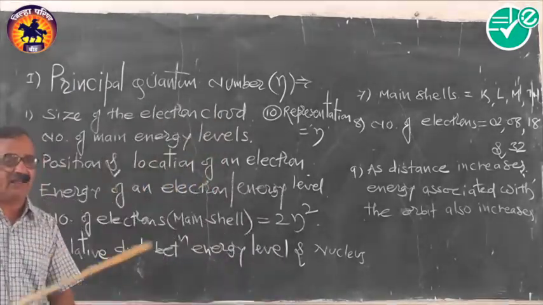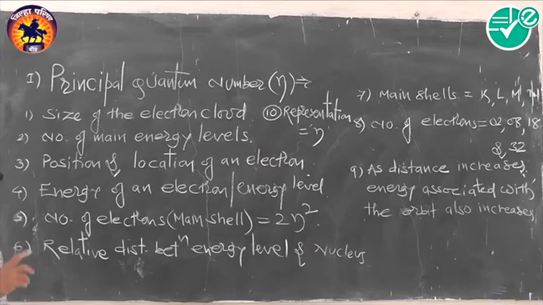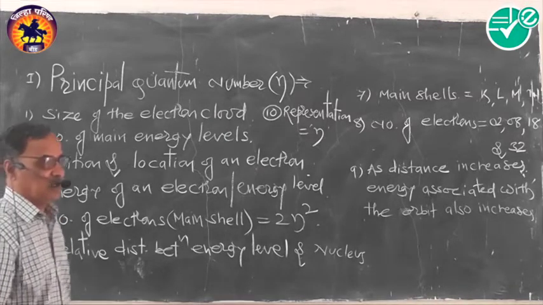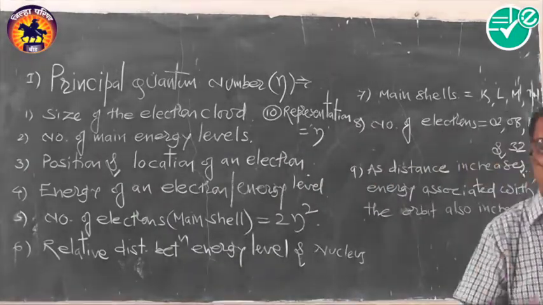The second point: as it gives the total number of electrons around the nucleus, the total number of electrons can be calculated by the formula 2n square. That is, n is equal to 1, n is equal to 2, n is equal to 3, n is equal to 4.